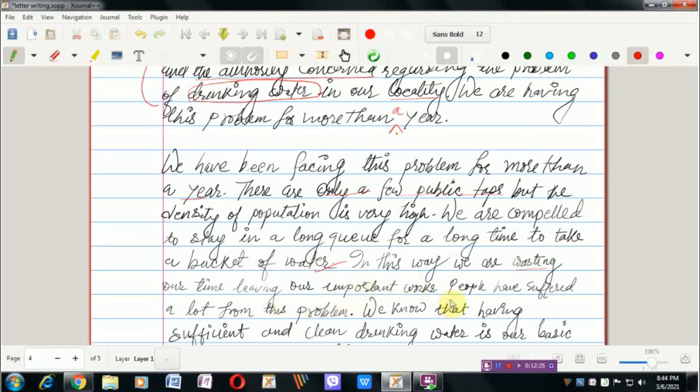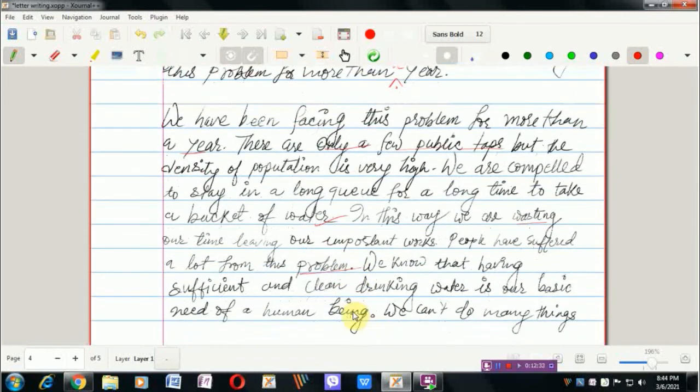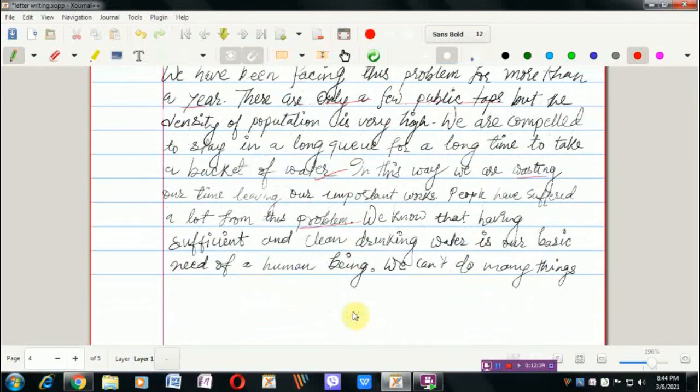People have suffered a lot from this problem, because water is needed in every aspect of our daily life, and we need lots of water for our daily lives.